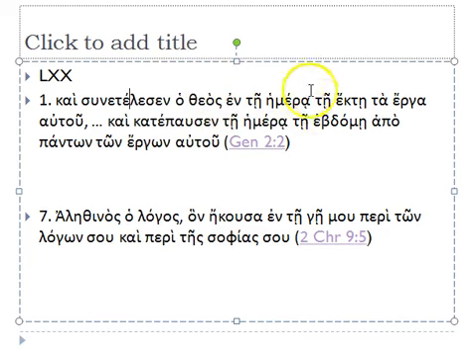En te hemera te hekte. En te hemera, en, the preposition followed by its object, in the dative case, in the day. Te hemera itself agreeing with another article and adjective, all feminine dative singular. This adjective meaning sixth, describing day. So God completed in the sixth day, ta erga.